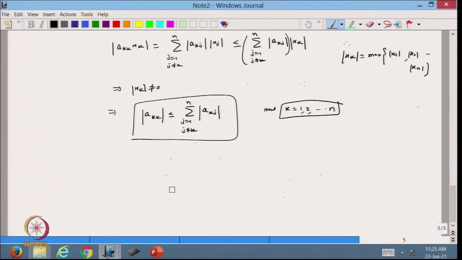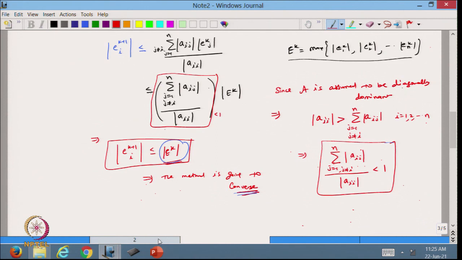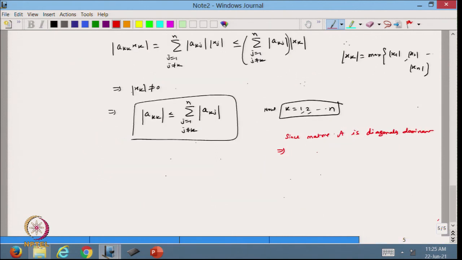Now from here, if you see, since matrix A is diagonal dominant, which implies, as we have shown in this case also, that the summation of |a_ij| divided by |a_ii| is less than 1, and j is not equal to i, and this is true for all i.